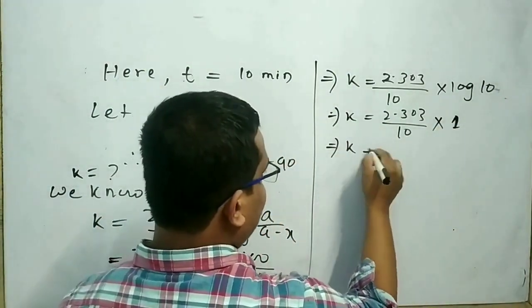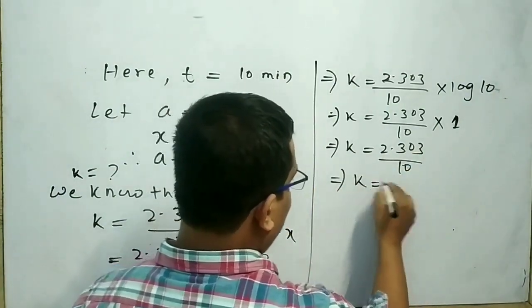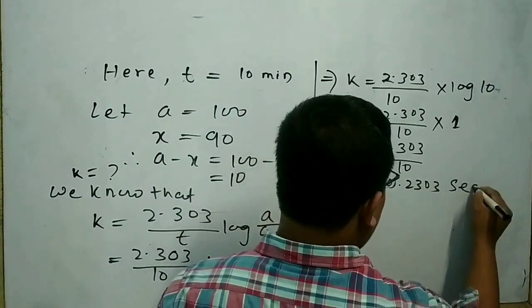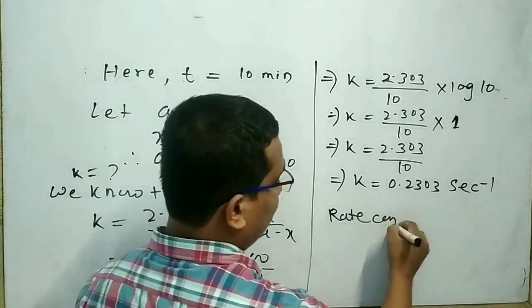So we can write K is equal to 2.303 divided by 10, that is K is equal to 0.2303 second inverse.